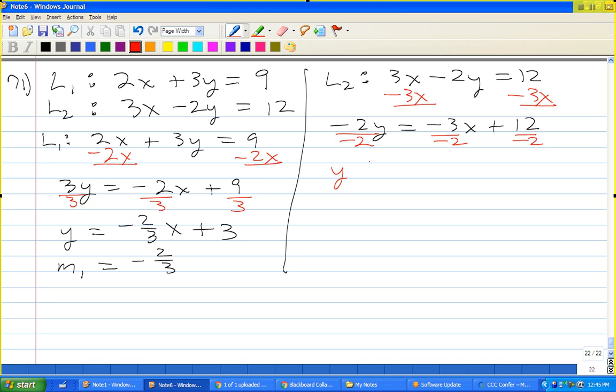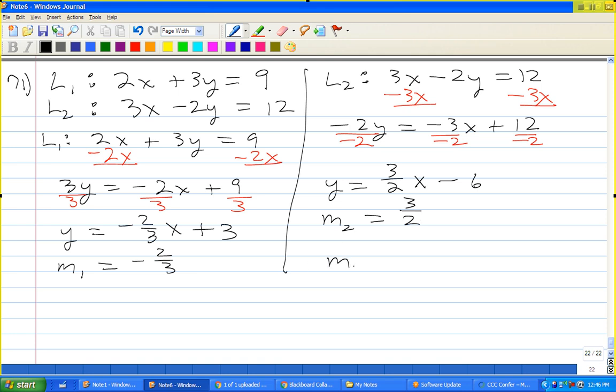So y equals negative divided by a negative is a positive, 3/2 x minus 6. So the slope of the second line is a positive 3/2.